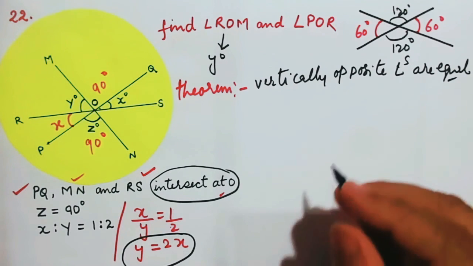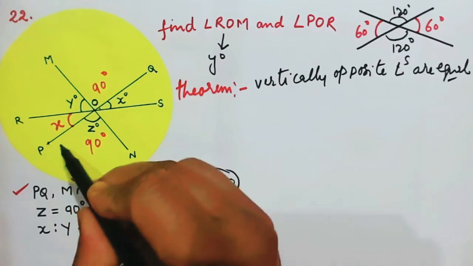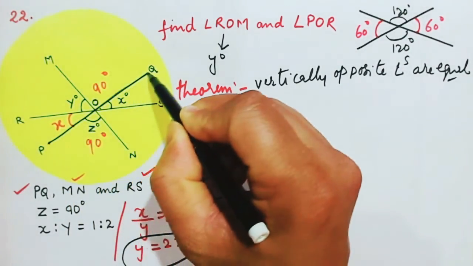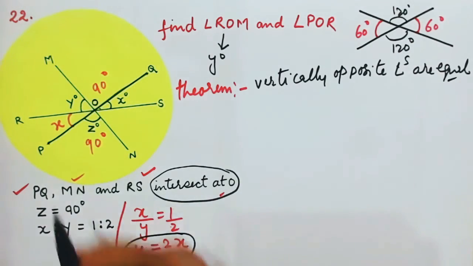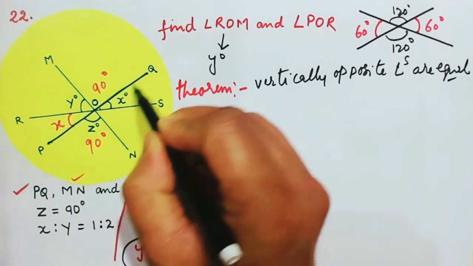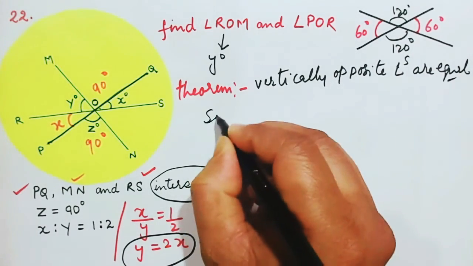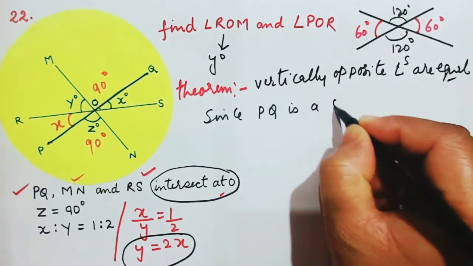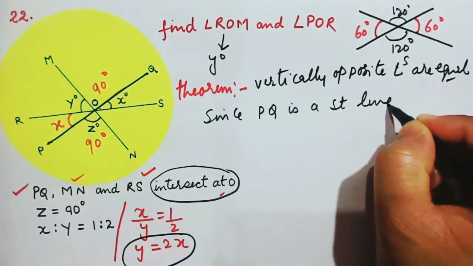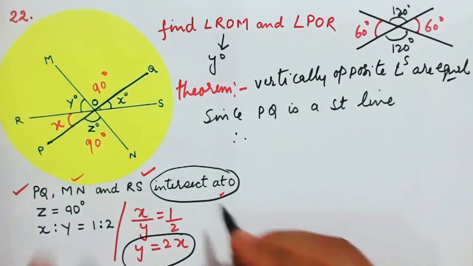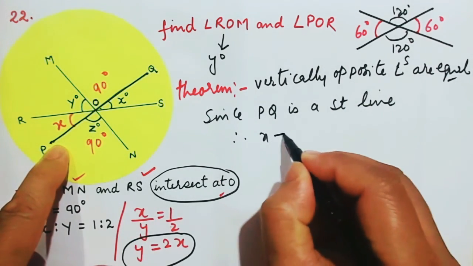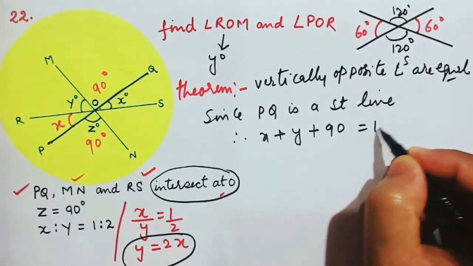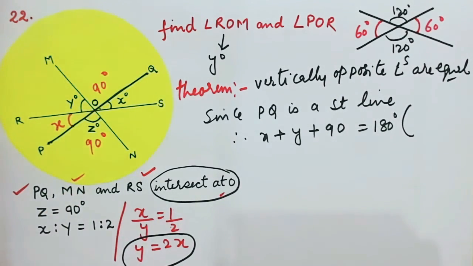Let us start now. Since PQ is a straight line, therefore x plus y plus 90 will be equal to 180 degree.